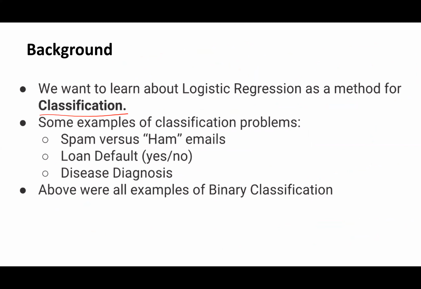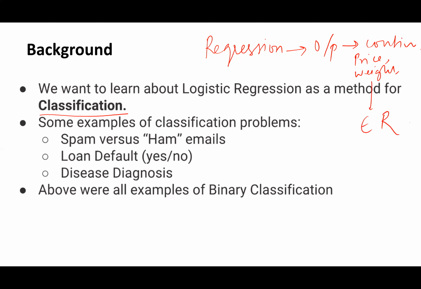One important thing is that in the previous class, in linear regression, we were doing regression, so my output is continuous. Continuous means it is like price or weight. It is a real number. It belongs to the real numbers.